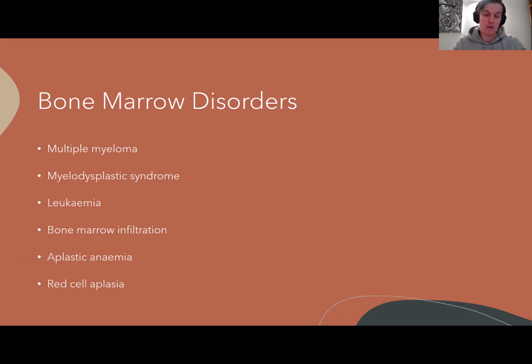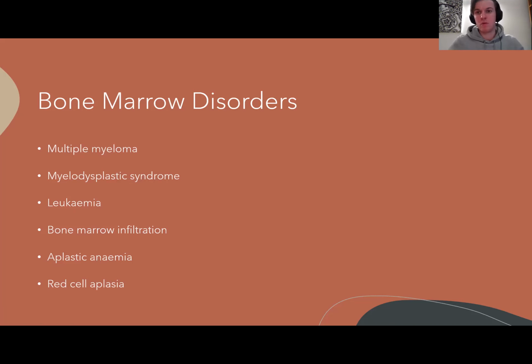Myelodysplasia is uncontrolled proliferation of stem cells in the marrow. It compromises the production of normal cells. Leukemia is the same with specific progenitor cells. So you've got your acute lymphocytic leukemias, your acute myeloid leukemias, your chronic myeloid leukemias.